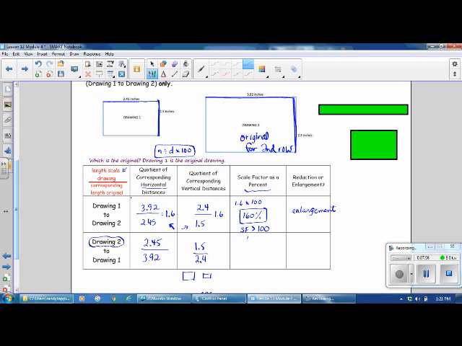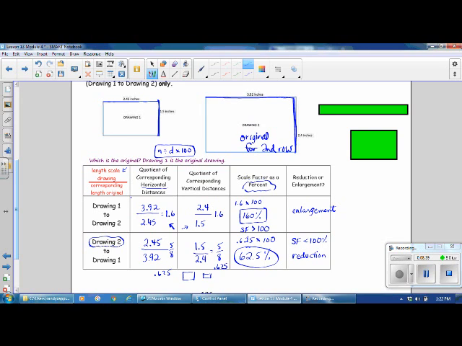So again, we do numerator divided by denominator, 0.625 times 100. And the answer is 62.5%. And since the scale factor is less than 100%, we know that this is a reduction.